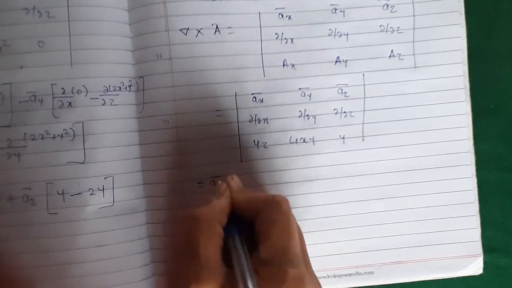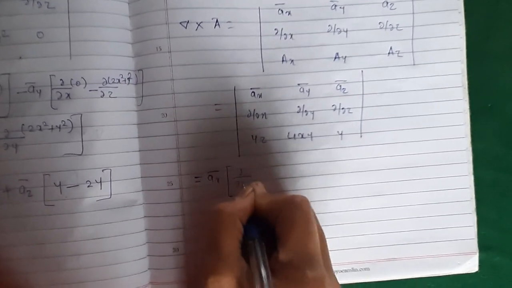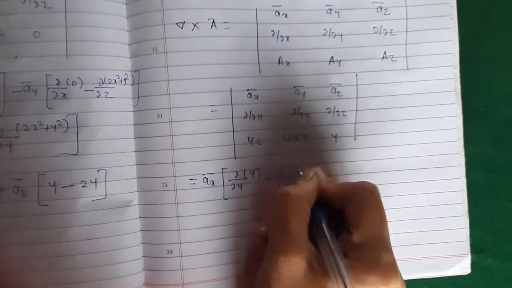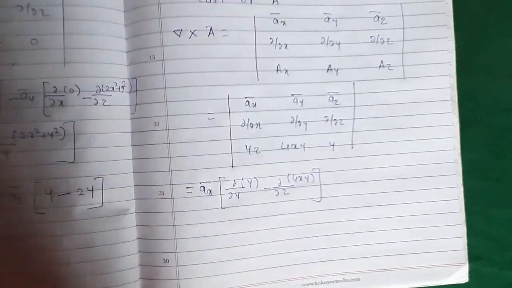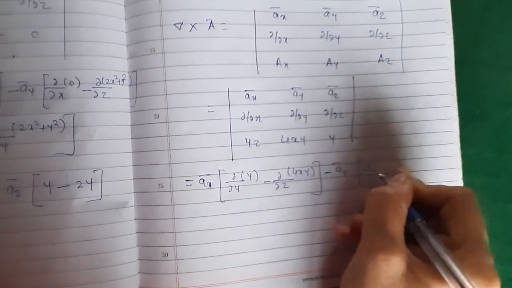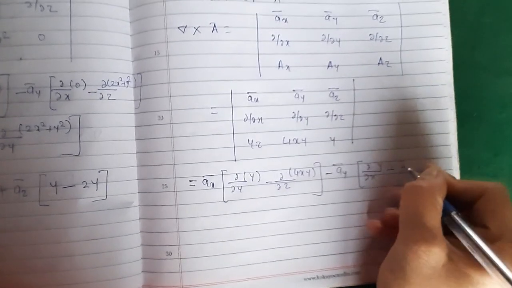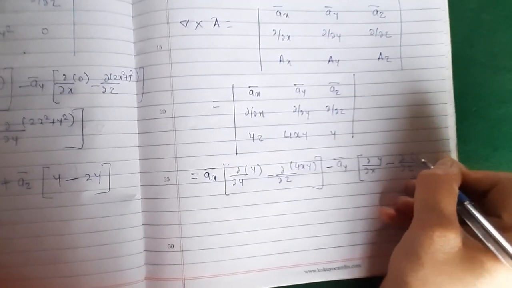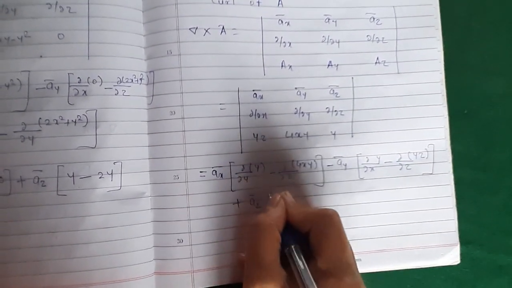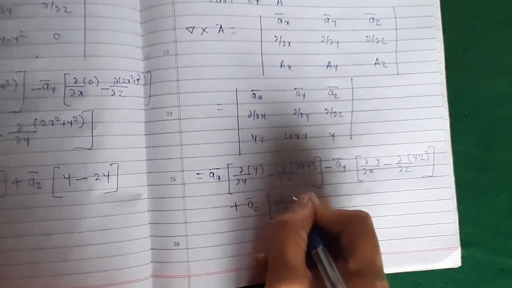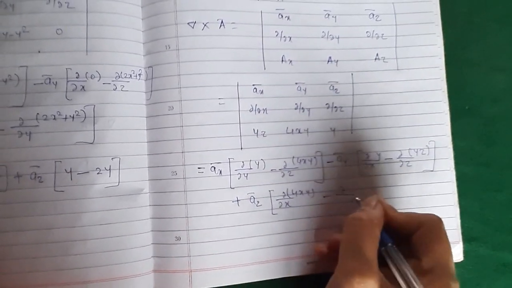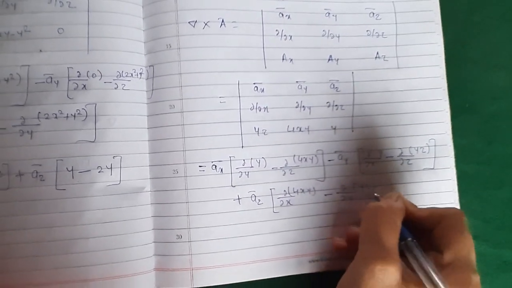So it is ax bar into bracket d by dy of y minus d by dz of 4xy, minus ay bar of d by dx of y minus d by dz of yz, plus az of d by dx of 4xy minus d by dy of yz.